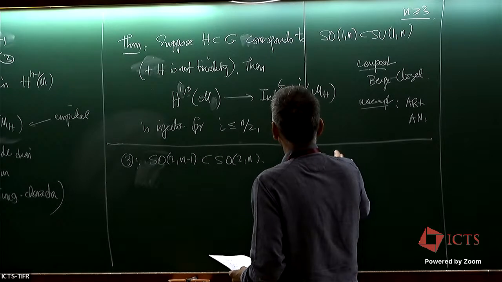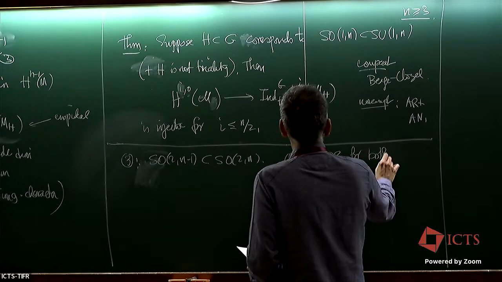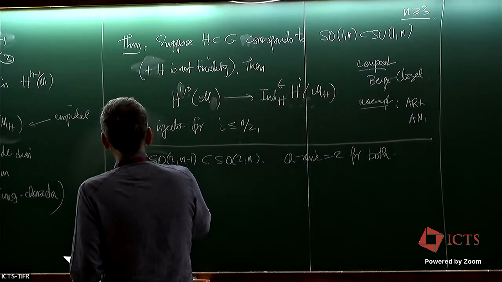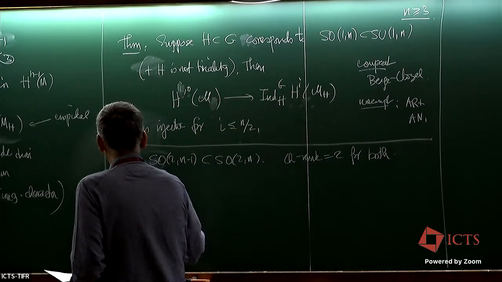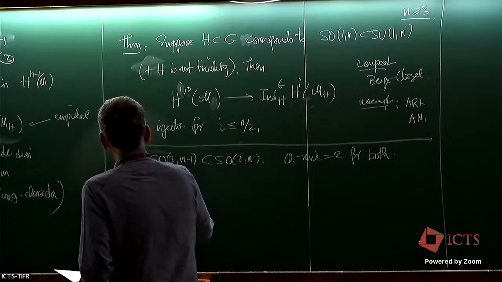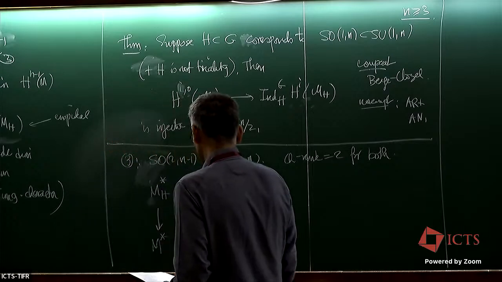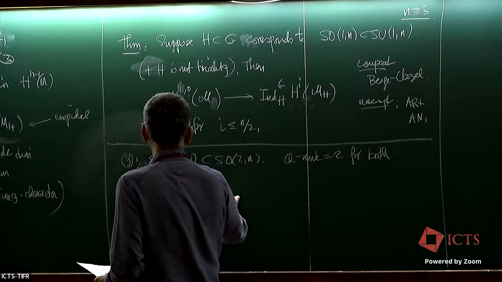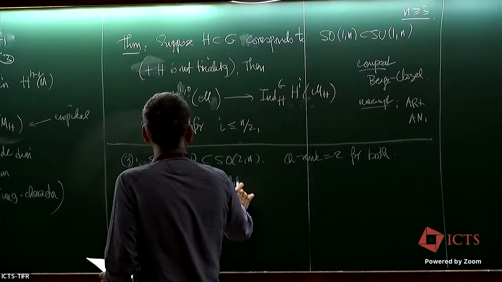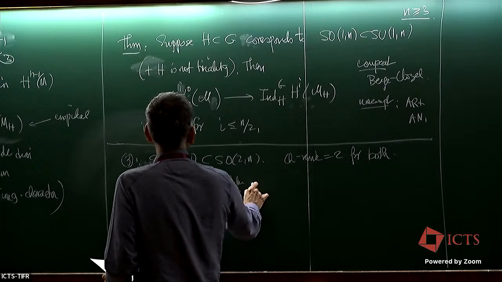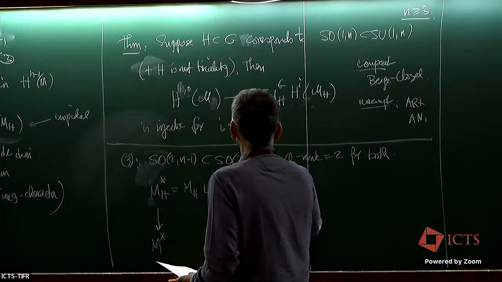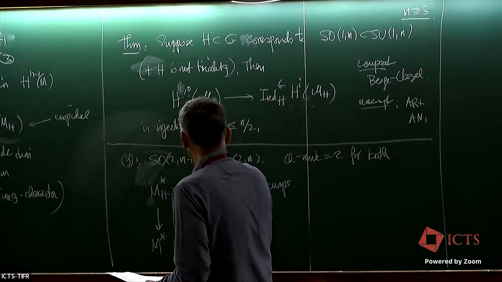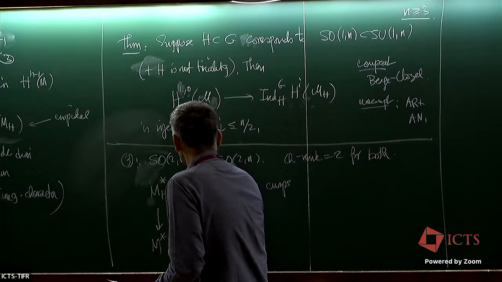So I have this MH, and it's more or less sitting as a subvariety in M. And then I compactify it. Now, in this canonical compactification, what happens is that MH adds a bunch of modular curves and their cusps. I mean, these are open modular curves and their cusps. And when you play the same game for the bigger group also, the same thing happens.